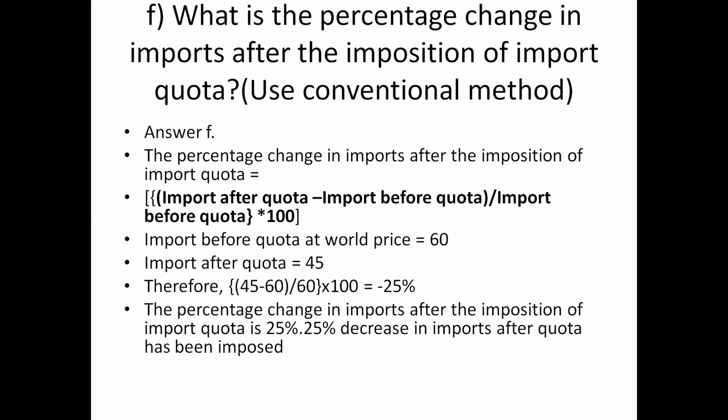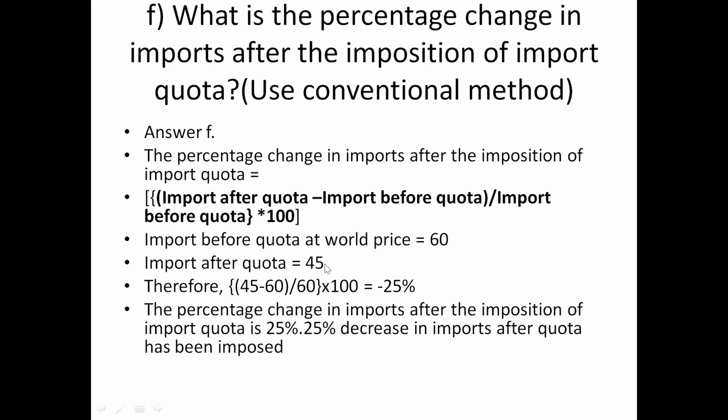We have already calculated the import before quota, which is 60, right? And we also know the import after quota is 45 because the import quota amount is 45. Government has said that you cannot import more than 45 units. So the import after quota is 45.